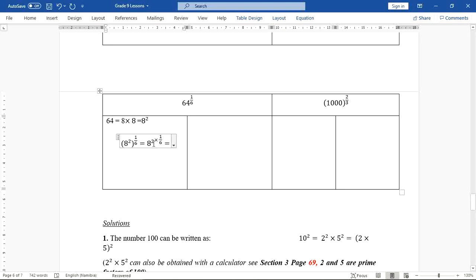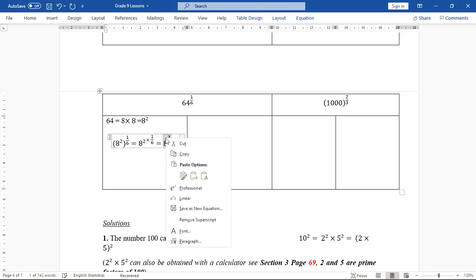If I multiply 2 times 1 over 6, I don't want to miss any step, that would give me something like this. It's going to give me a base of 8, and the exponent is 2 out of 6. If I simplify that, it gives me this.